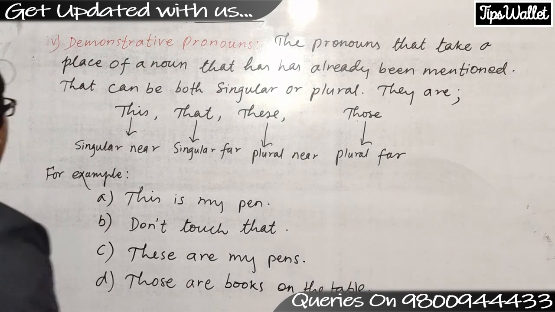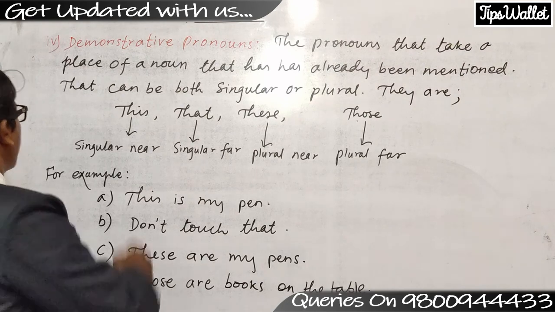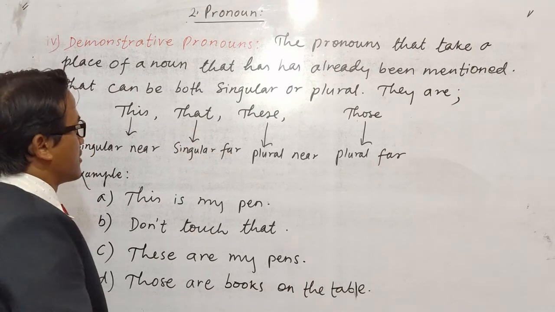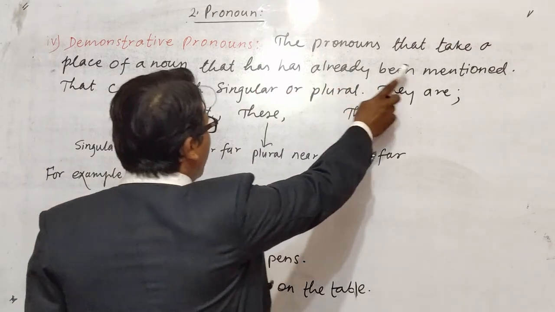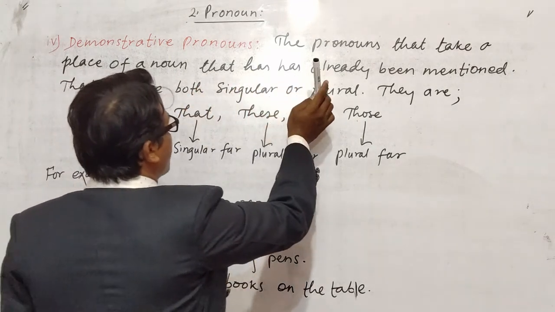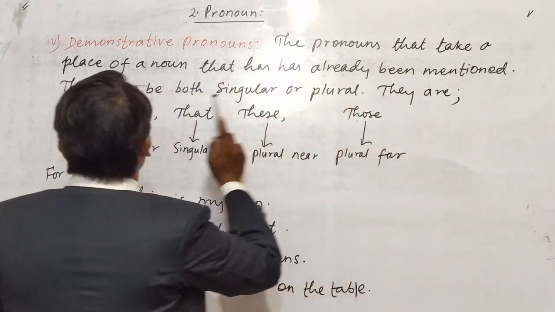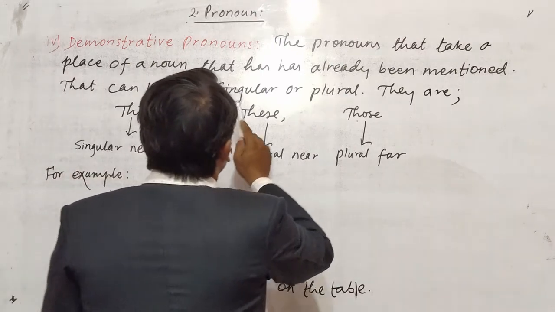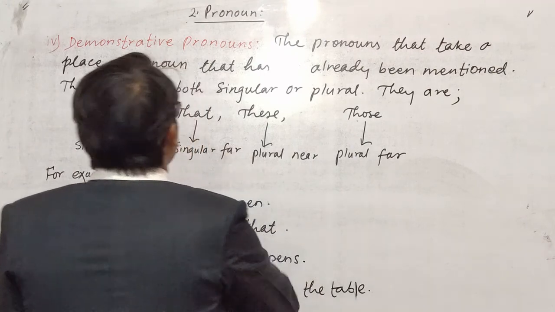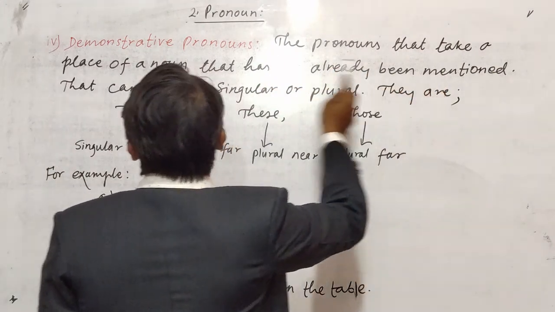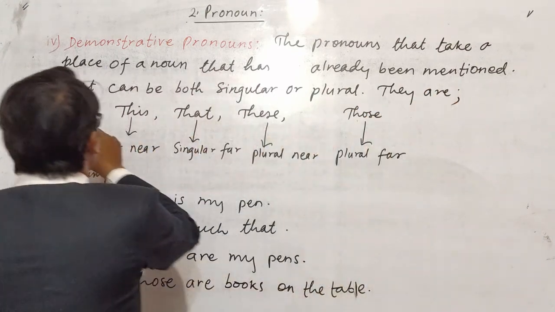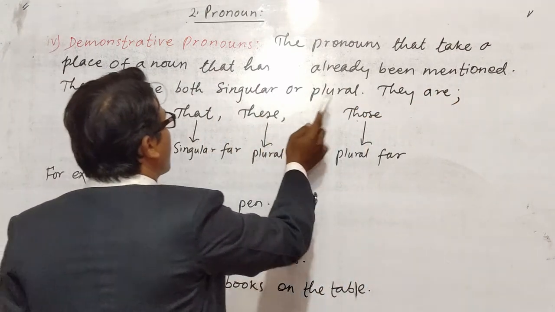Okay, now the next pronoun is demonstrative pronoun. So what is demonstrative pronoun? Let's see. The pronouns that take the place of a noun that has already been mentioned, and that can be both singular and plural.